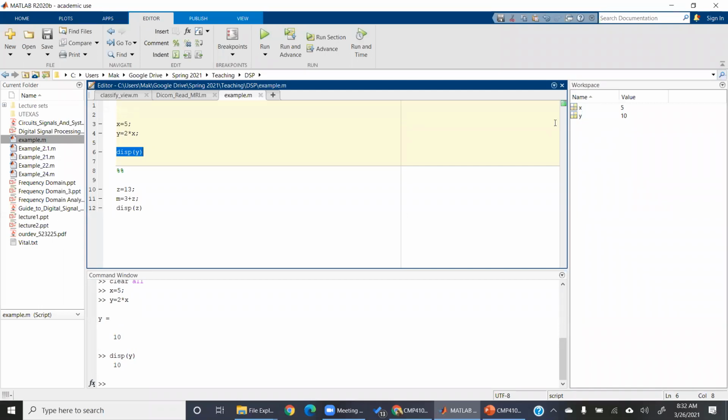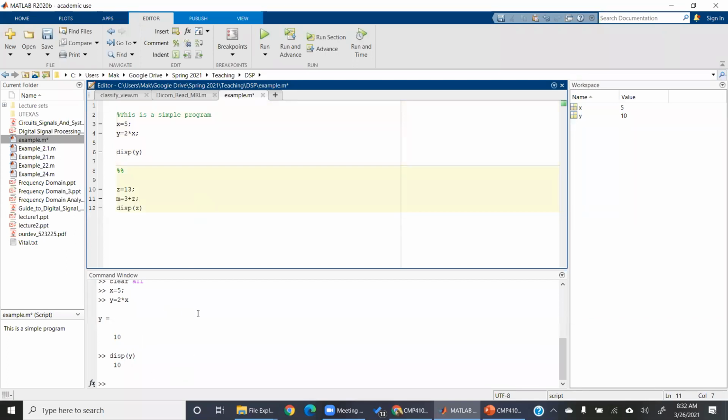All right, so basically, that would be it. Comments are preceded by a percentage sign. And I think you know what comments are. It's good programming practice. Okay, so there we go.